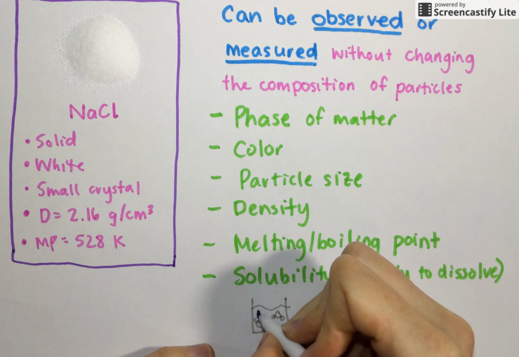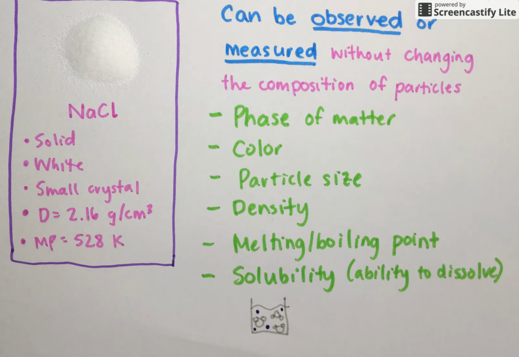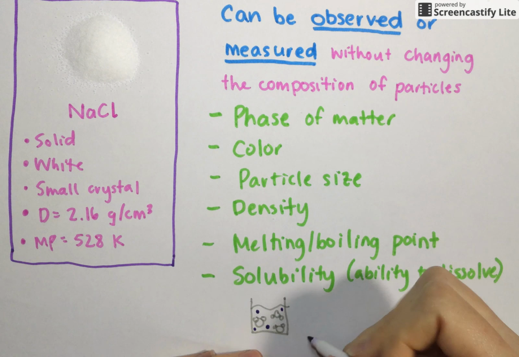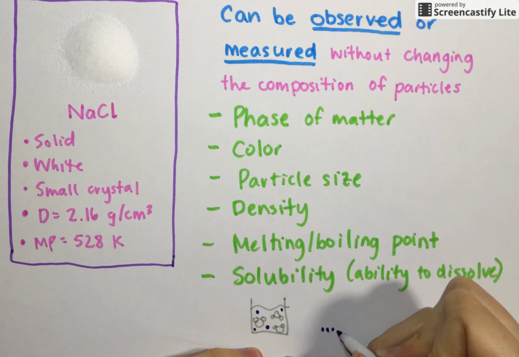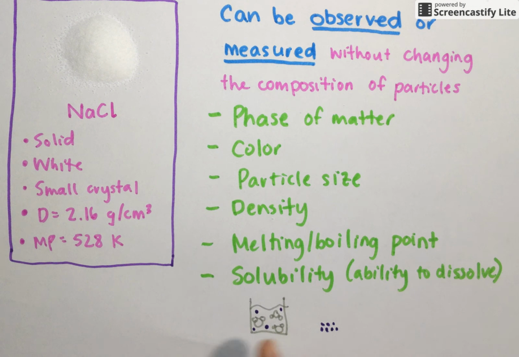I know that they're just evenly mixed together with those water molecules. If I boil all that water away, I will be left with solid particles of salt. So that I can go back and forth between these two states. It's a physical property because it can be observed without changing the composition of those original particles.